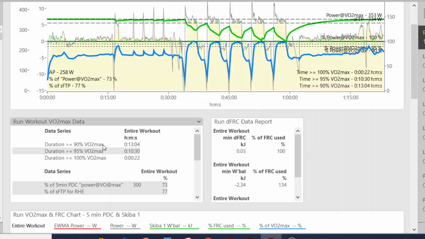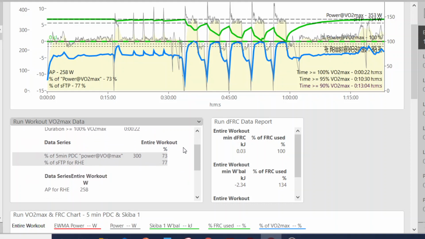So that's some of the underlying VO2 part of it, but I'm going to come back to this and how we model this as best we can with power. When I say we, I mean me, as I look at it, and I've developed this particular chart.